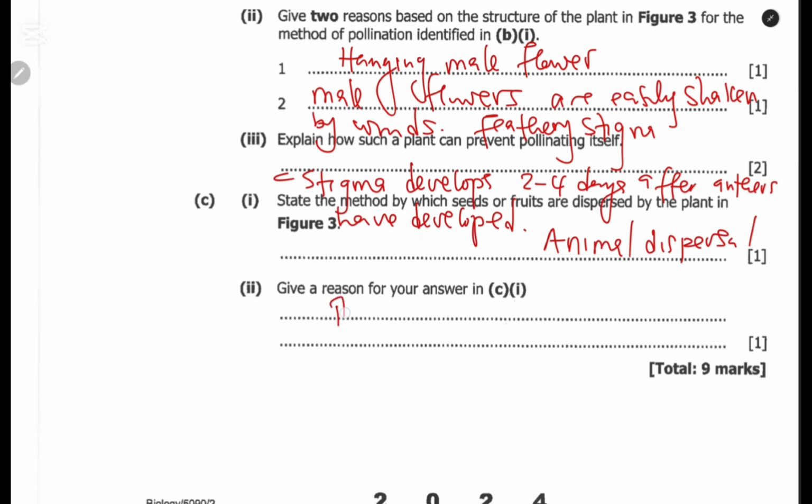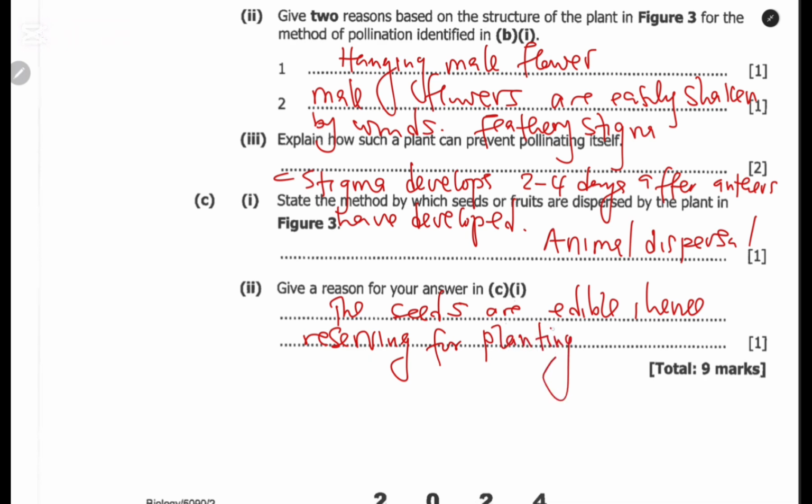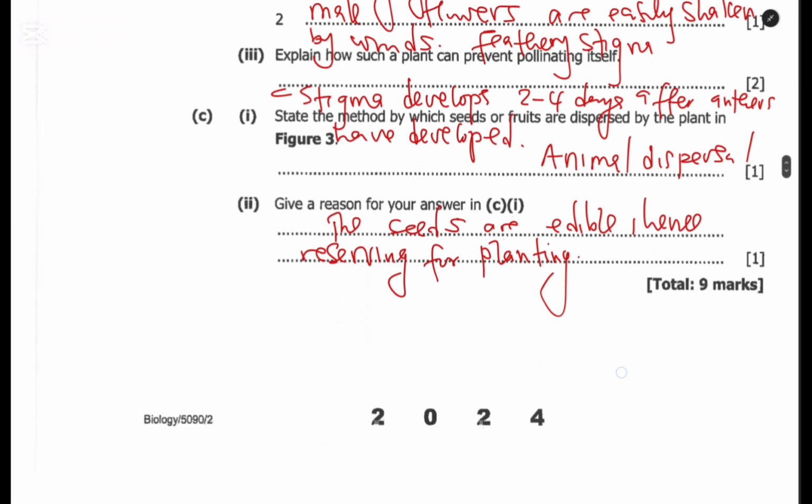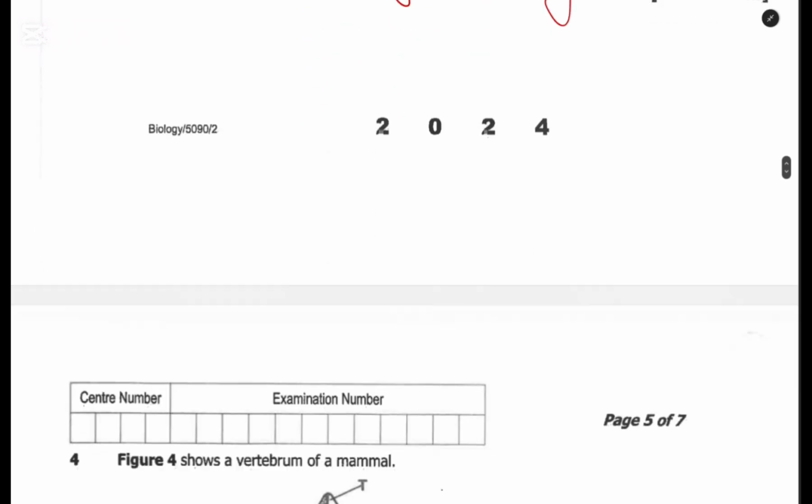The seeds are edible, hence reserving for planting. So they are edible, but humans do reserve them for planting. So that is how we can answer this question, and I hope we are together up to this point.